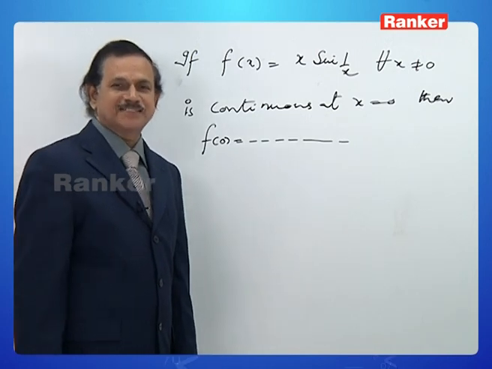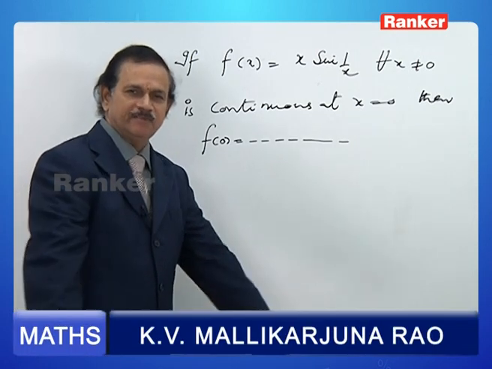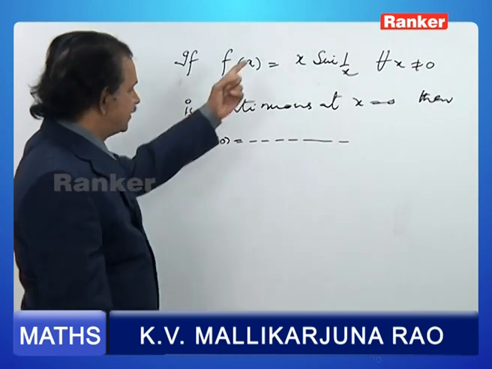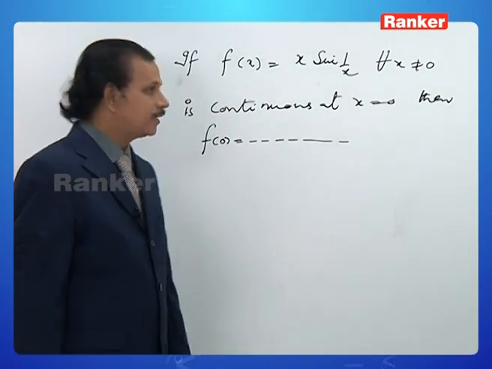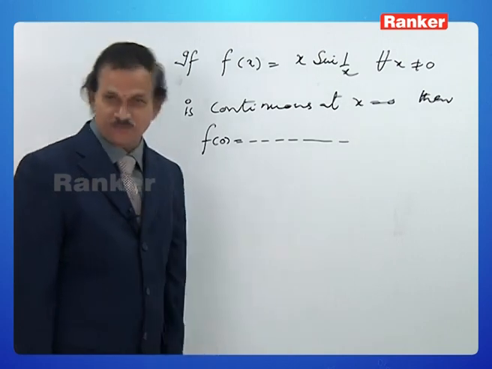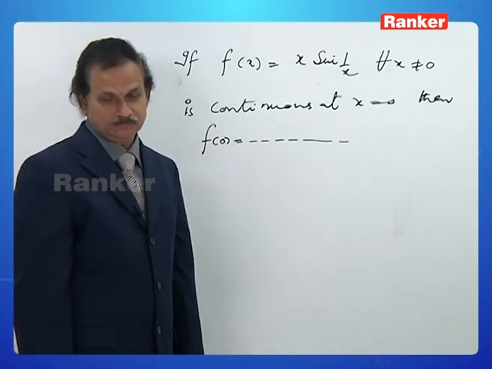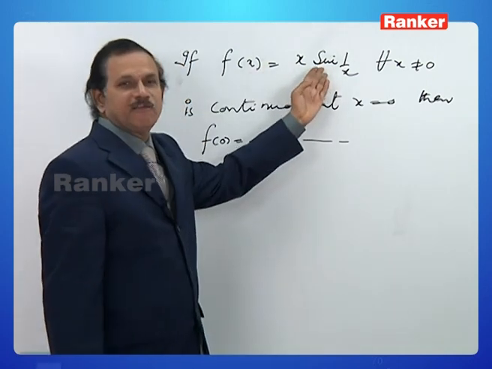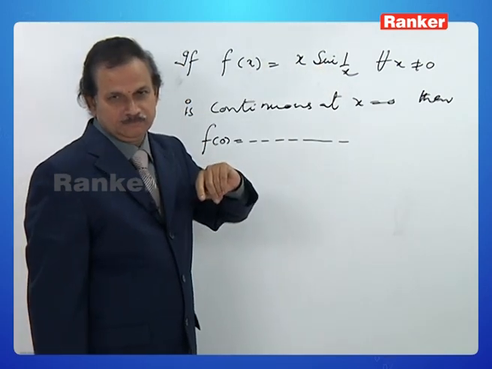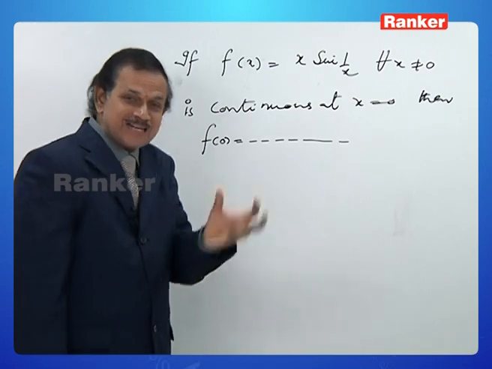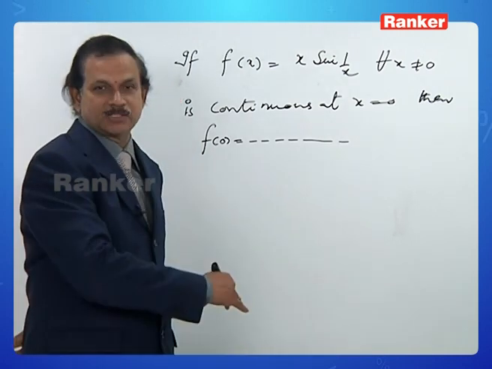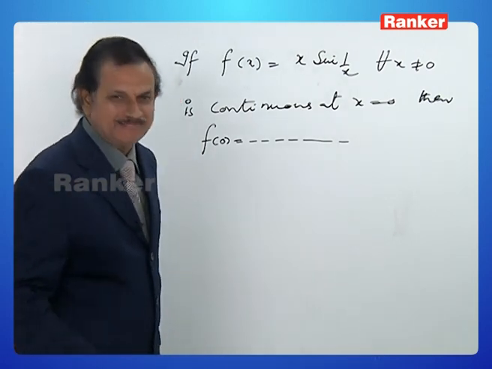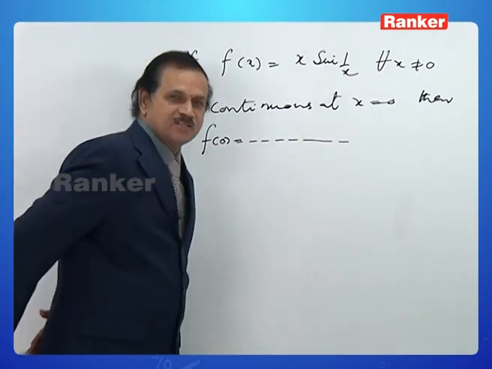He himself is giving that f of x equal to x sin 1 by x for all x not equal to 0 is continuous at x equal to 0. Of course, everybody knows that f of 0 is not defined here. And he has put that responsibility on your shoulders, by making use of the data that f is continuous at x equal to 0.